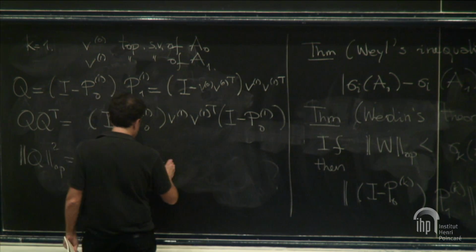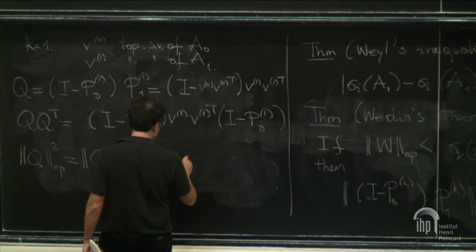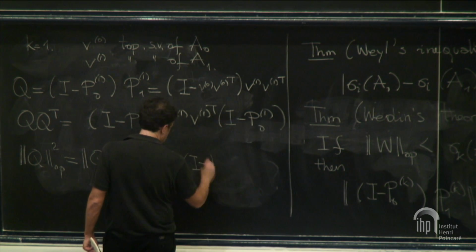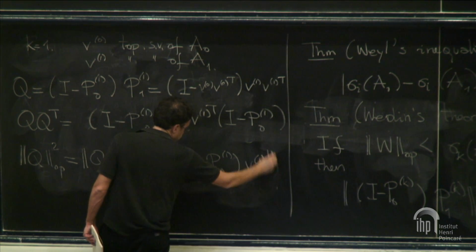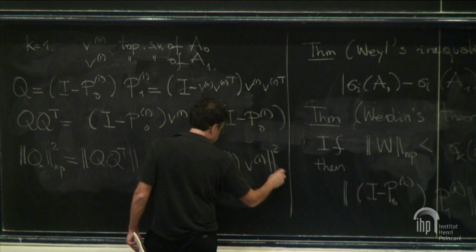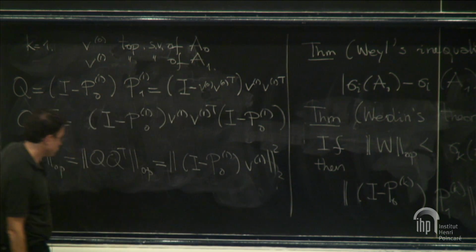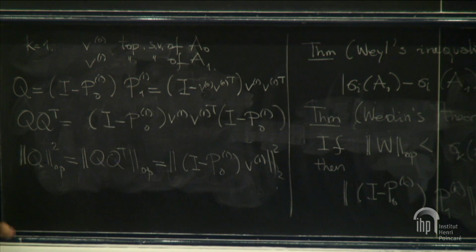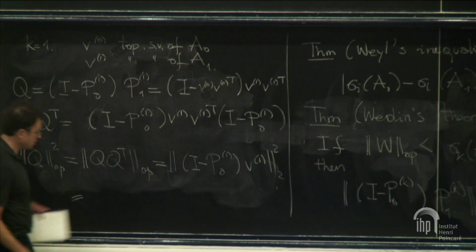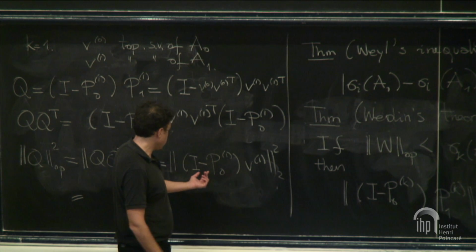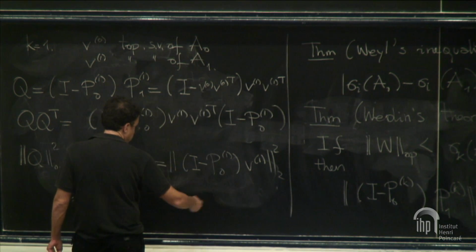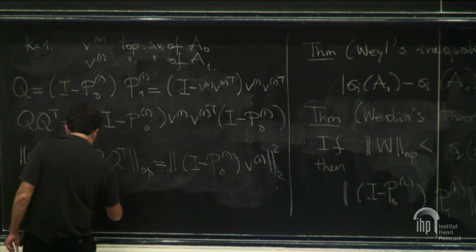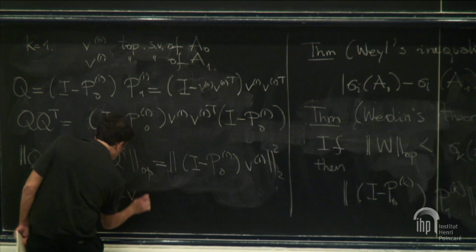So this is just the squared norm of the vector (1 minus P0) times V1. Okay, so this whole business is just what? By Pythagoras' theorem, the projection orthogonal to V0 is just 1 minus the projection along V0.